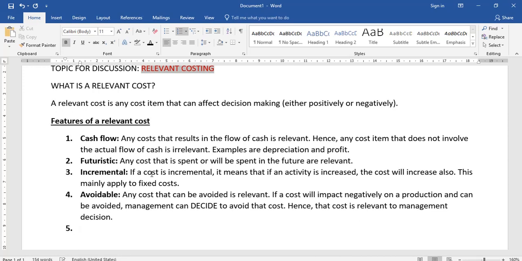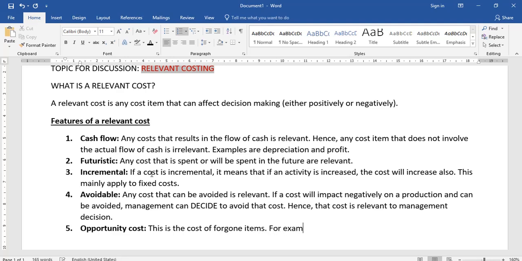Then we have opportunity costs. This is the cost of foregone items.